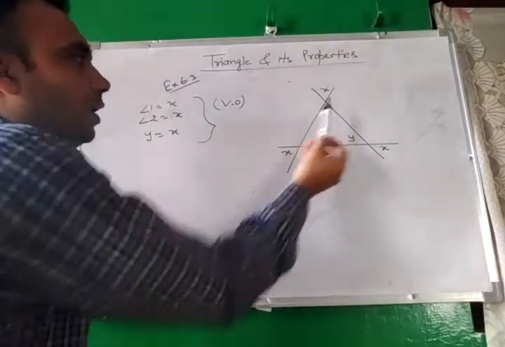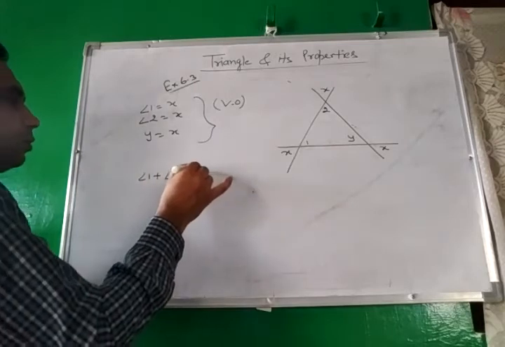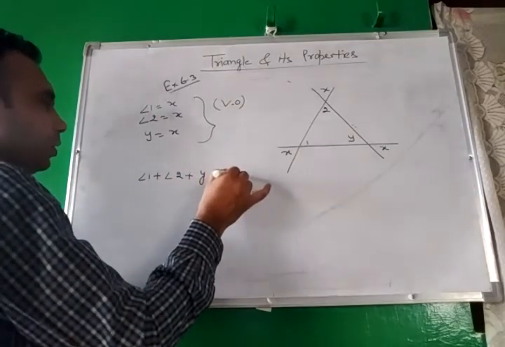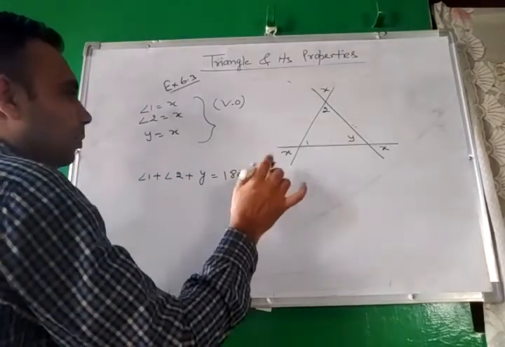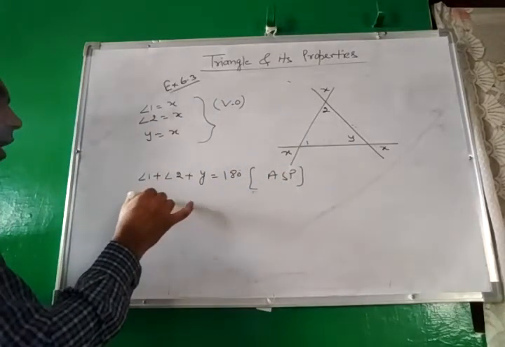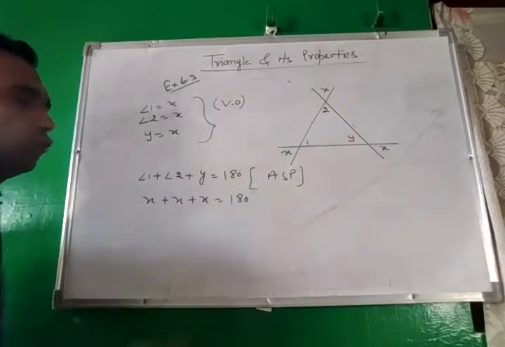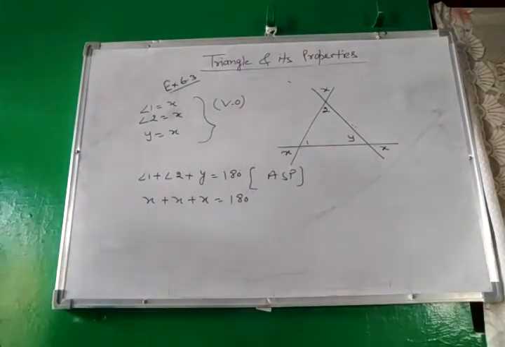Now these three interior angles, angle 1 plus angle 2 plus y, is equal to 180 by the angle sum property. x plus x plus x is equal to 180. All three are equal to x.